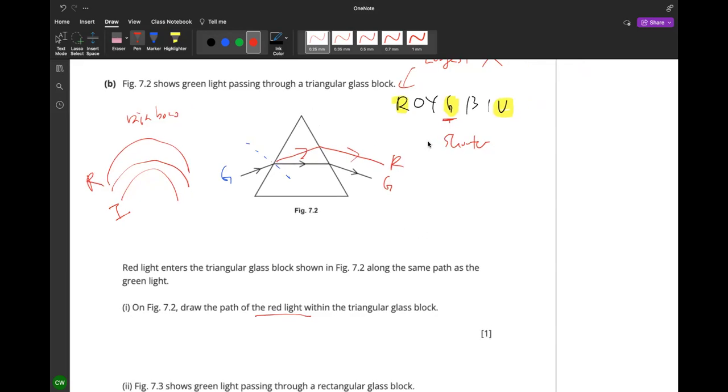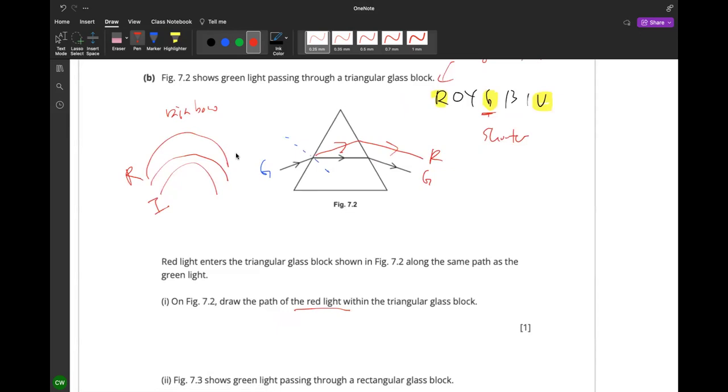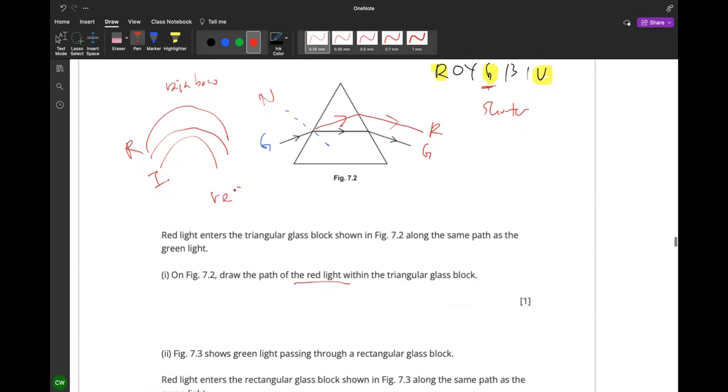Because the different colors have different speeds in the prism. So this is the normal line. So which one is slower? You see, the refraction is different. That means we can see the green color line is closer to the normal line.